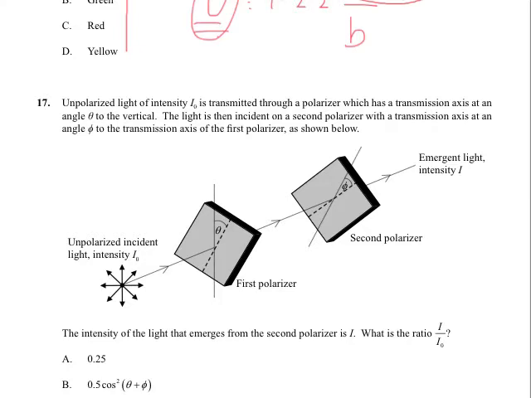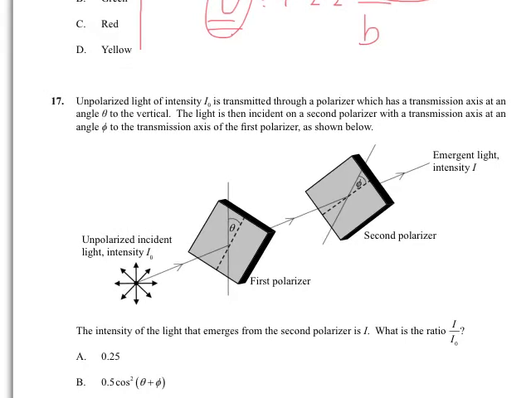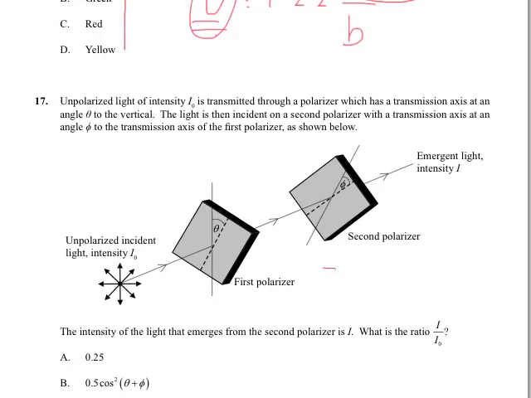So if we think about Malus's law, we have I, intensity, equals initial intensity, cos squared the angle. So what is this angle? This is the angle between the two transmission axes. Remember I commented that it's the only real trick to applying this formula if they give you a strange combination of angles.